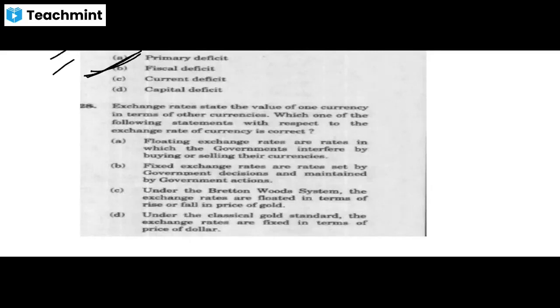Question number 28. Exchange rates state the value of one currency in terms of other currencies. Which one of the following statements with respect to the exchange rate of currency is correct? Option A, floating exchange rates are rates in which the government interferes by buying or selling their currencies. Option B, fixed exchange rates are rates set by government decisions and maintained by government actions. Option C, under the Bretton Woods system, the exchange rates are floated in terms of rise or fall in the price of gold.